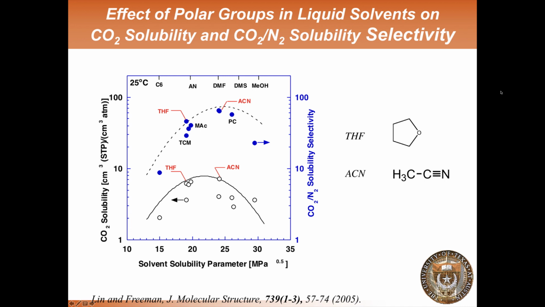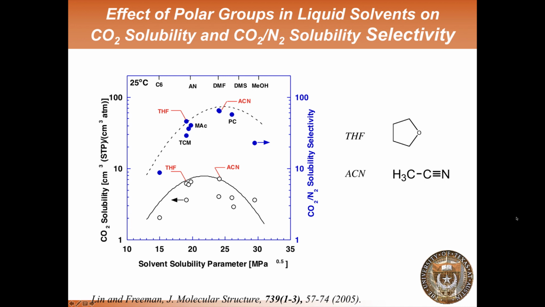As you go left to right on this scale, the cohesive energy density, or the solvent solubility parameter, is increasing. The matrices are getting more and more polar as you go left to right. And what's being plotted here at the bottom is the CO2 solubility in these various liquids. And you find that in fact there is a maximum in CO2 solubility.